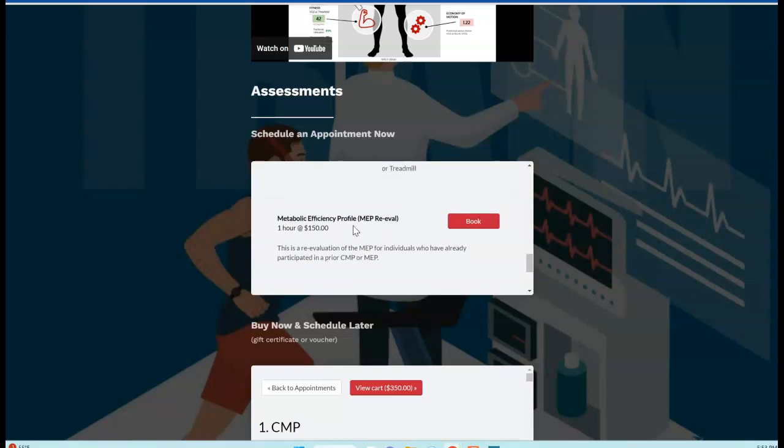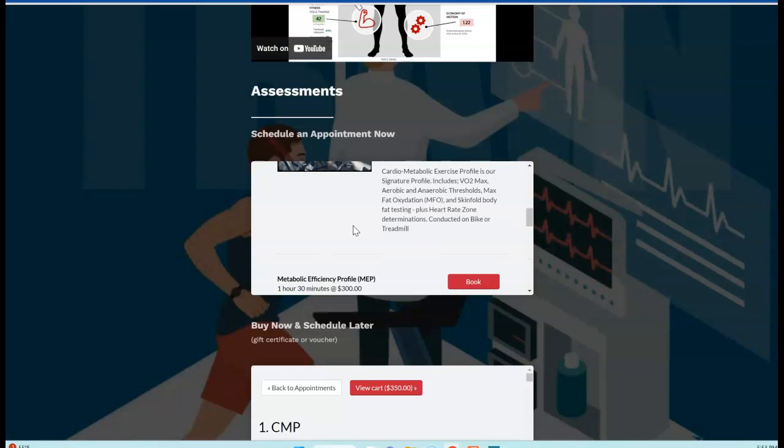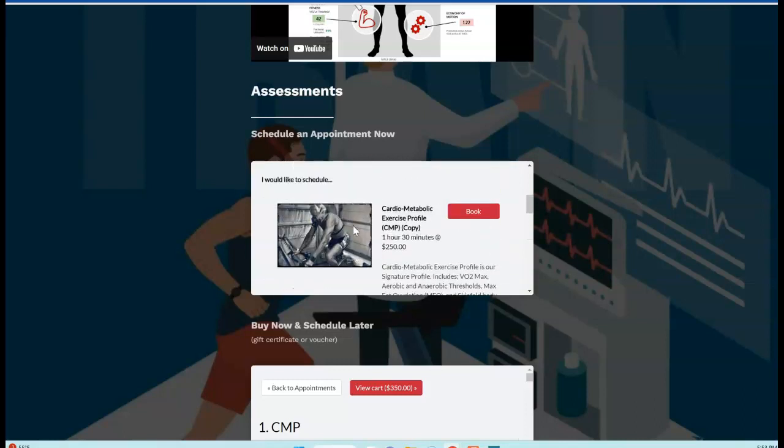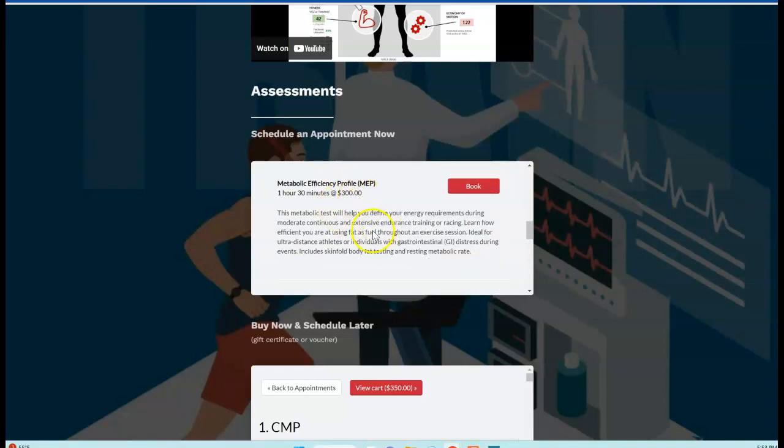A lot of times we're talking ultra distance, but we may also want to be evaluating diet and how it's affecting this metabolic efficiency. Something like a keto athlete may be inclined to look at their metabolic efficiency to see how they're adapting. So those are your tests.